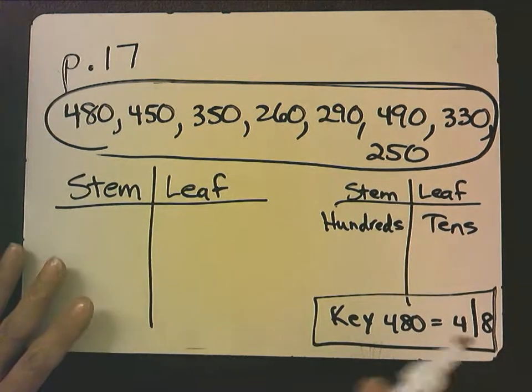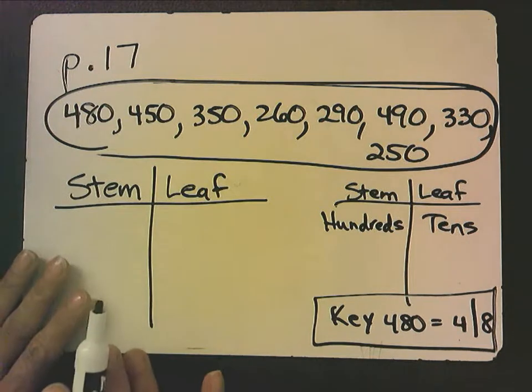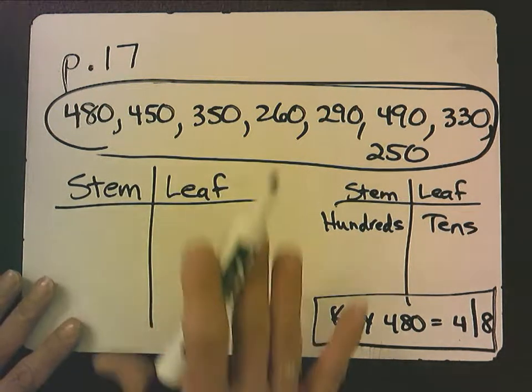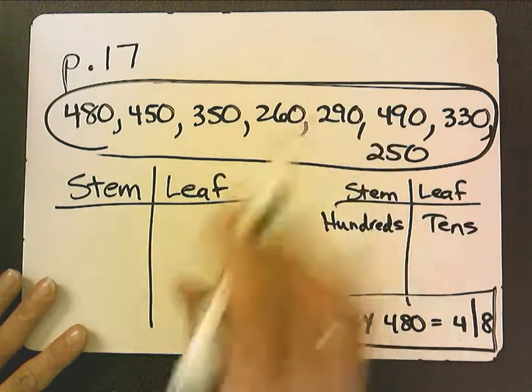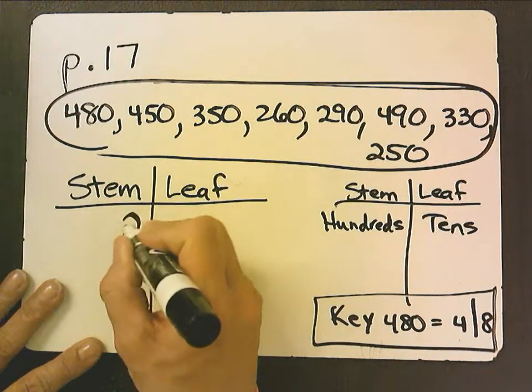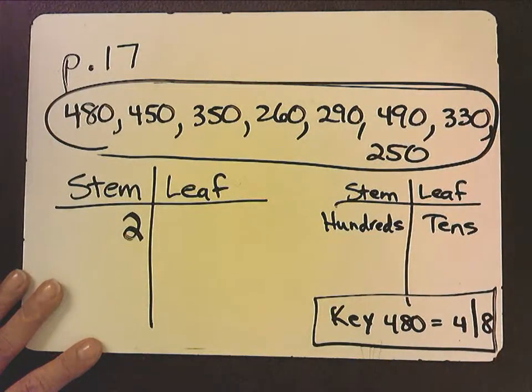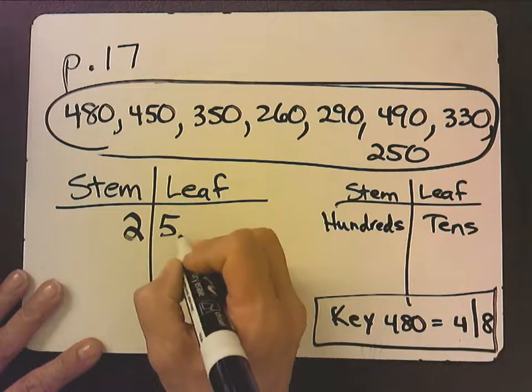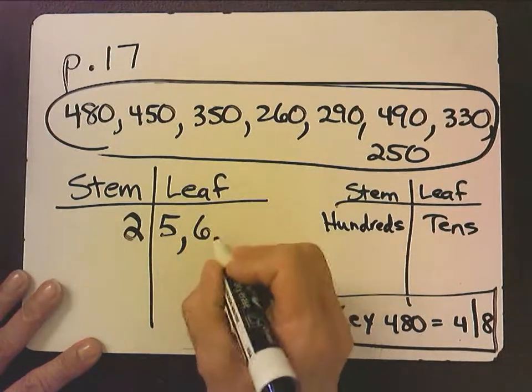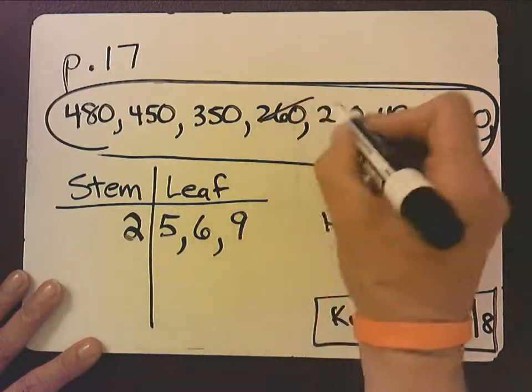So, my stems are going to be my hundreds place, and I go in order. I look for my lowest numbers. Well, they're going to be 250, 260, 290. So that has a stem of 2, because the 2 is the hundreds place. In the tens place, I have a 5, a 6, and a 9.